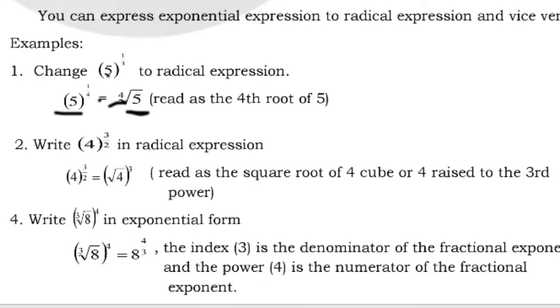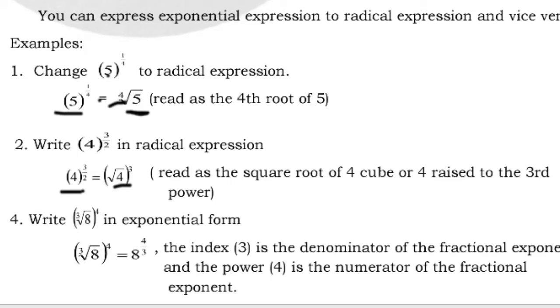Number 2, write 4 raised to the power of 3 halves in radical expression. So the base here is 4, so this is the radicand, 4. Then the denominator is 2, so this is the index. Now, since the index is 2, you may not write 2, so you can just have square root of 4.